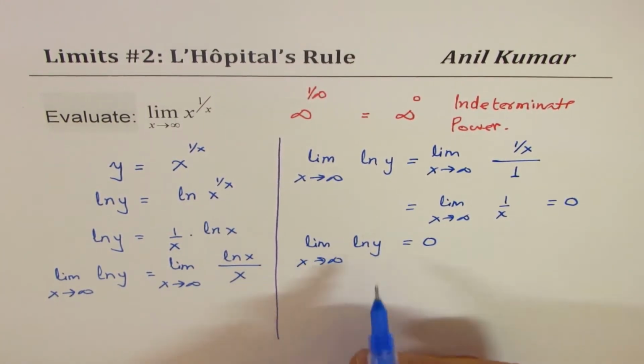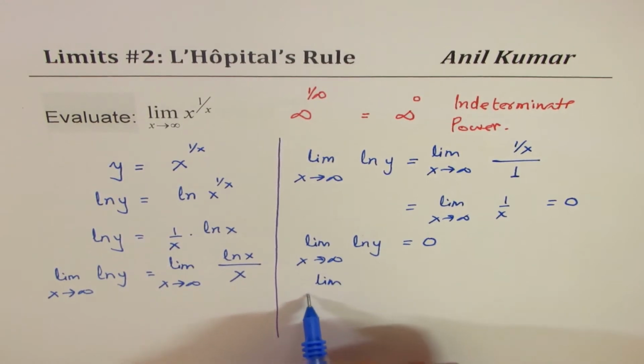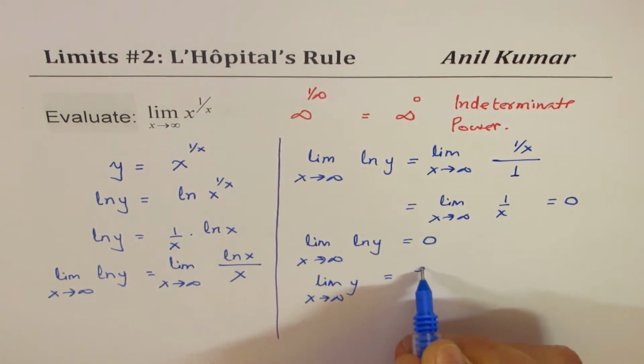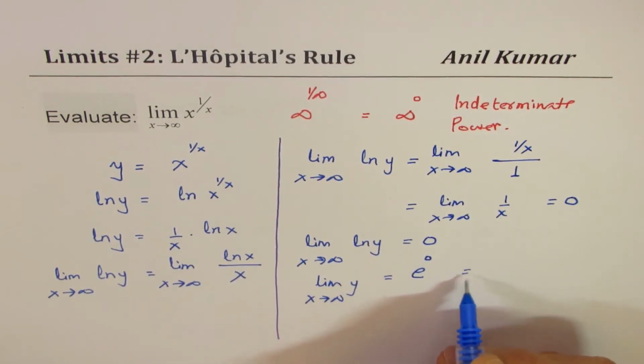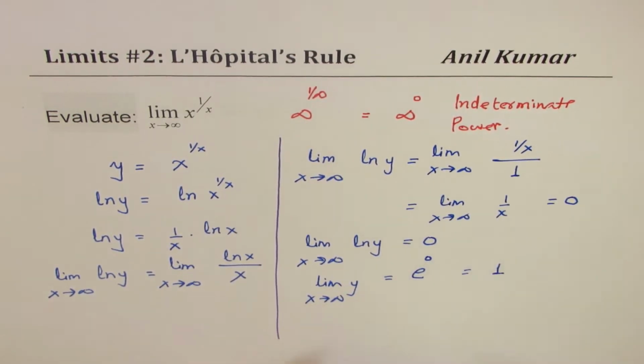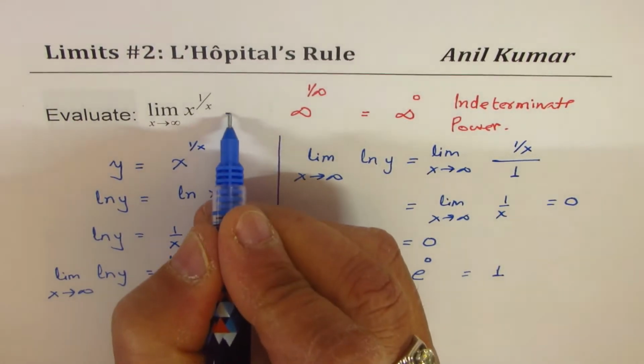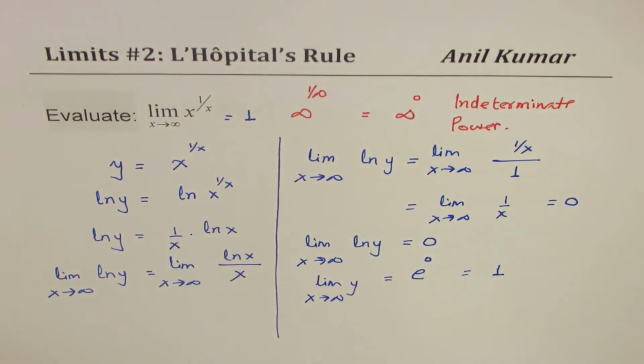And therefore, the limit of y is what? So limit of y as x approaches infinity is e to the power of 0. And e to the power of 0 is 1. So we get our result as 1. And therefore, this limit is also equal to 1, right? So I hope the steps are absolutely clear.